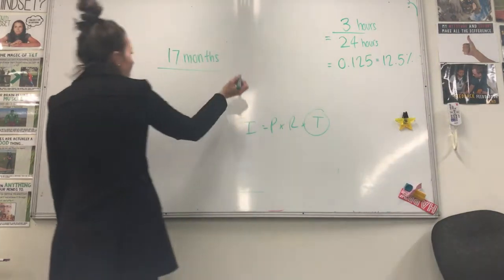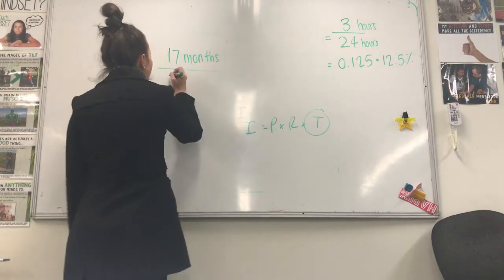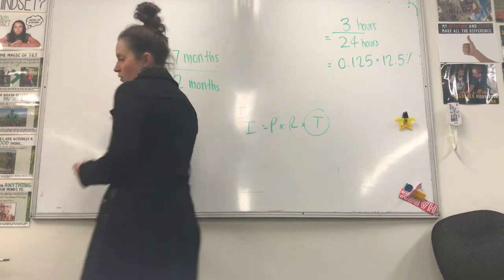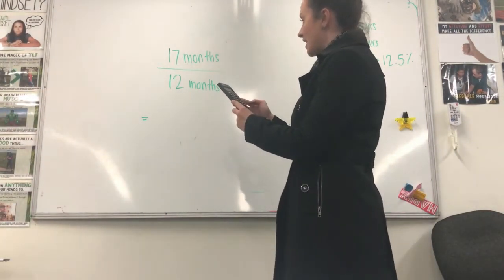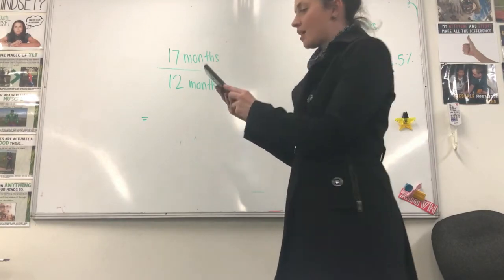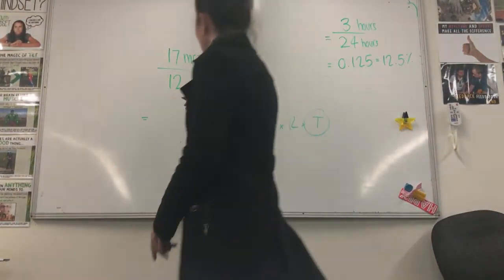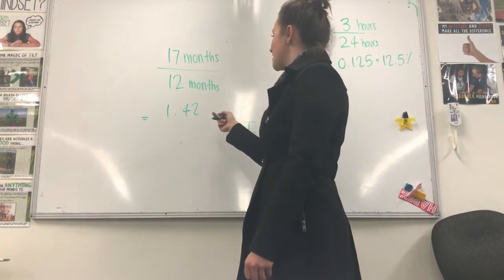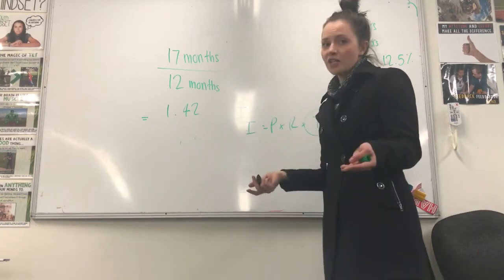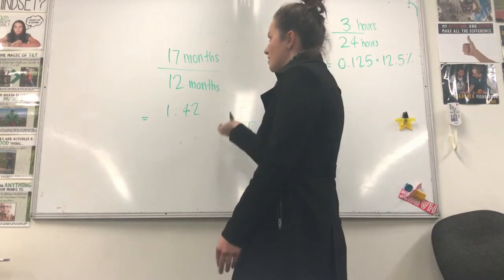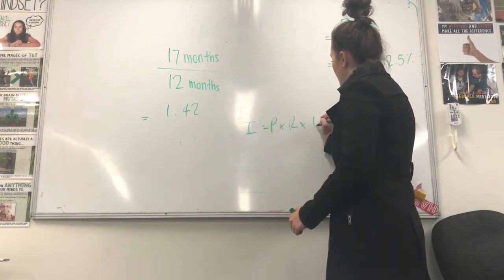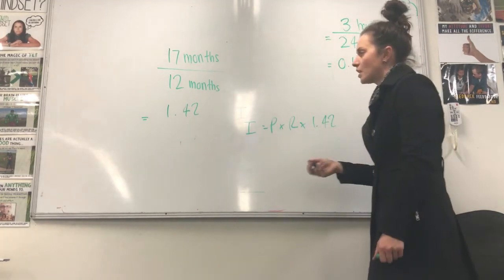So we'd go 17 months, and how many months are in a year? 12. So we're going to go 17 divided by 12, and that equals 1.42. So that is our decimal. Therefore, if you've got a question like that where it says 17 months, what was the term? You'd say 1.42.